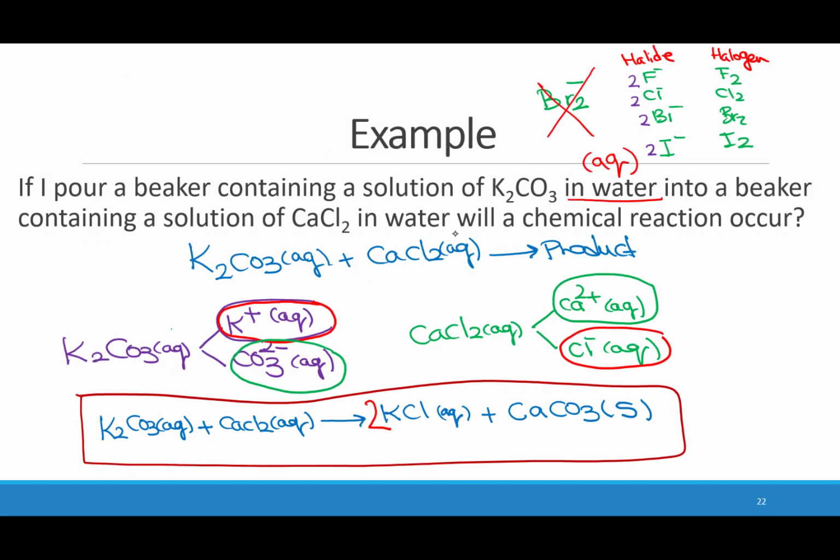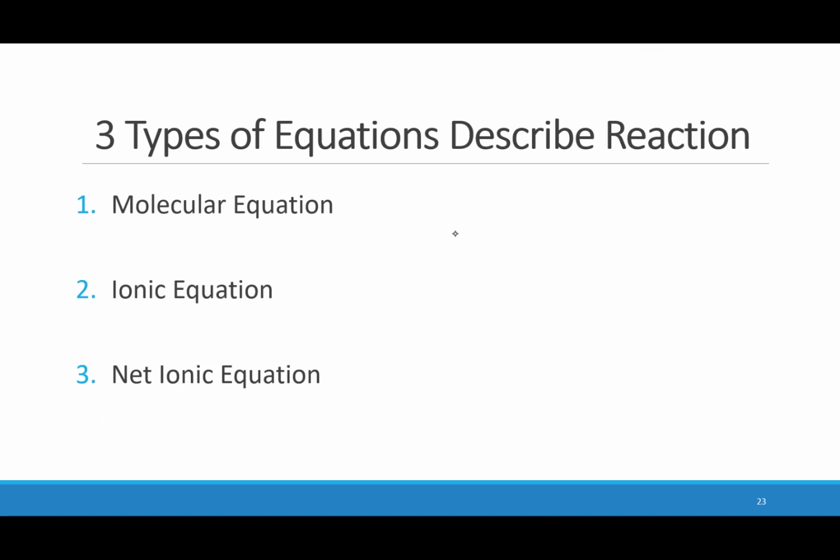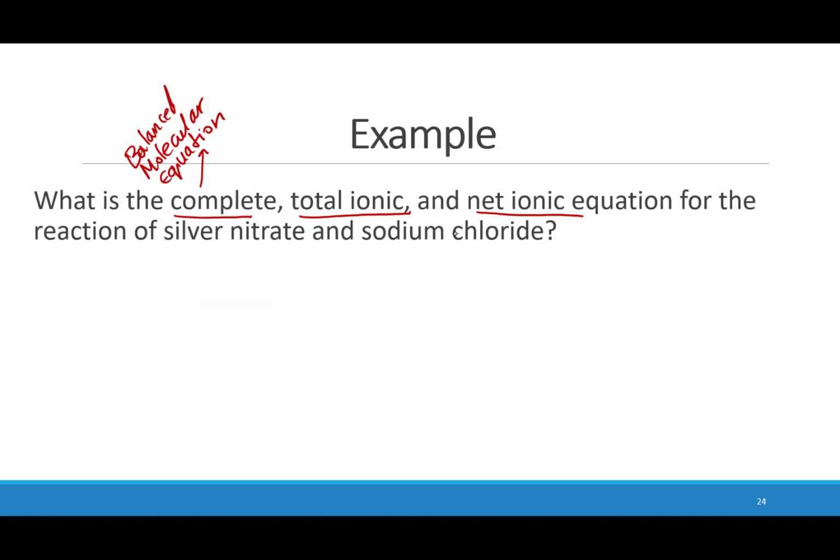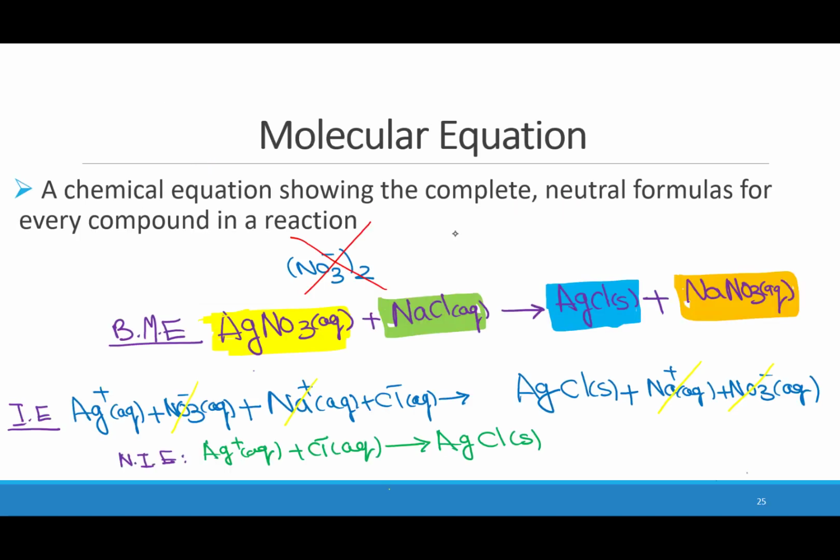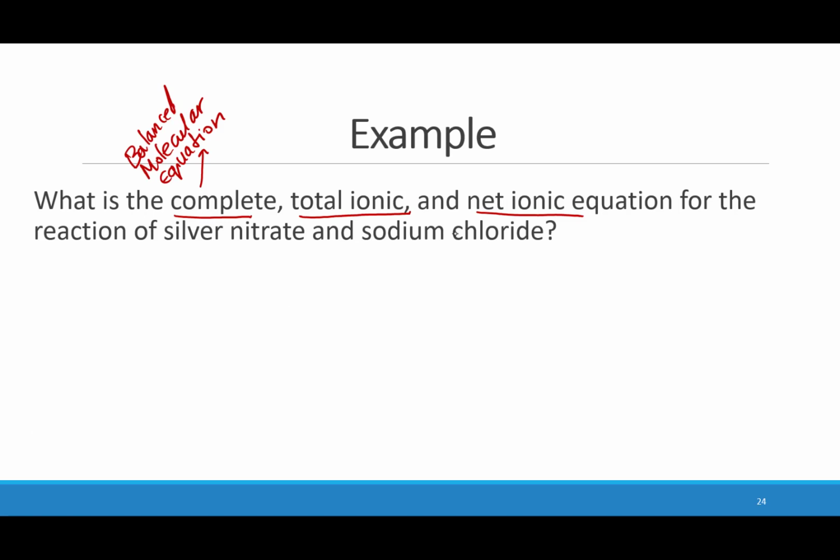And I did a series of examples. Again, if you're not sure, please contact me so that I can go over it with you one more time. Then I talked about the 3 types of equations: molecular, ionic, and net ionic equation. Now we're going to write the complete ionic and net ionic equations.